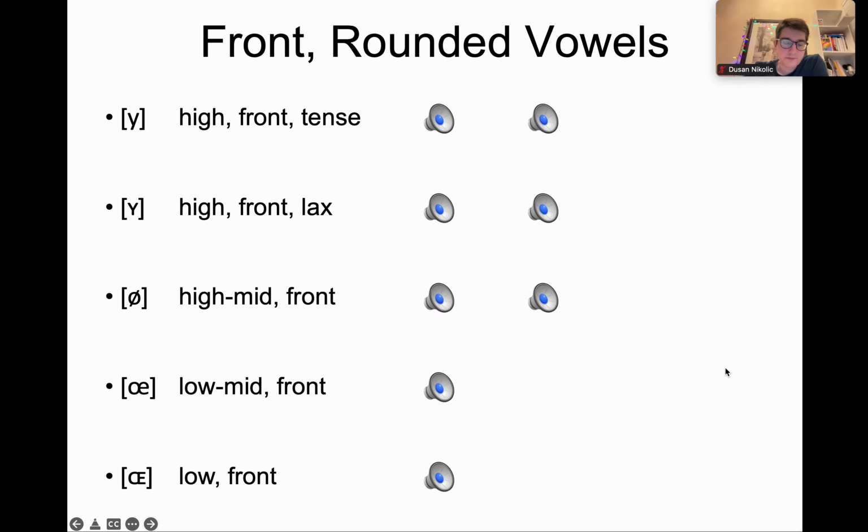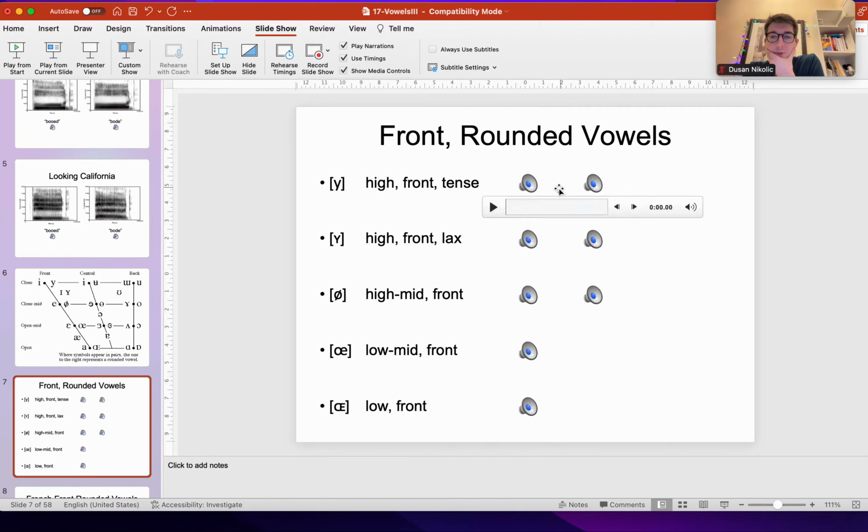All right. So we are going to cover first some front rounded vowels. The best way to do this is to do it like this. So the first one is high front tense vowel, which is produced like this, right? And you can go out and sing along. So this one would be e, but just round your lips.